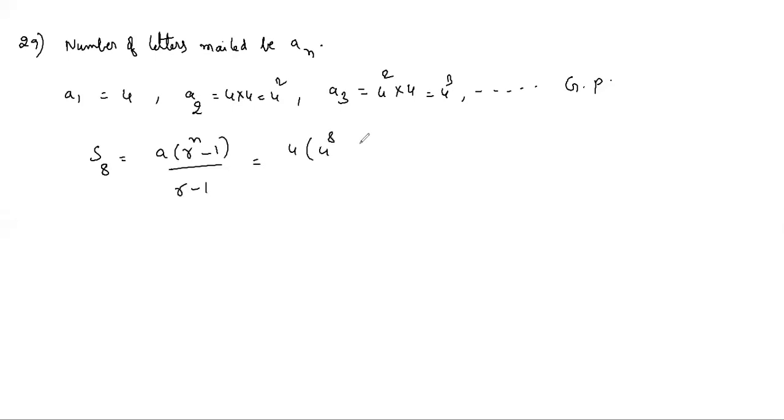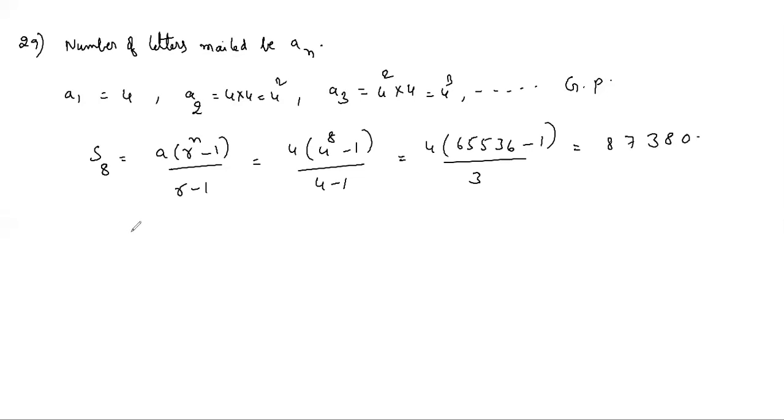So 4 into (4^8 minus 1) by (4 minus 1). So 4 into (65,536 minus 1) by 3. So the total is 87,380. So these are the number of letters mailed after the 8th set.